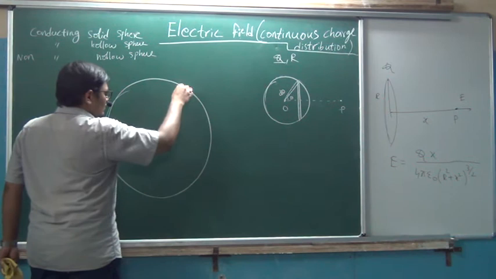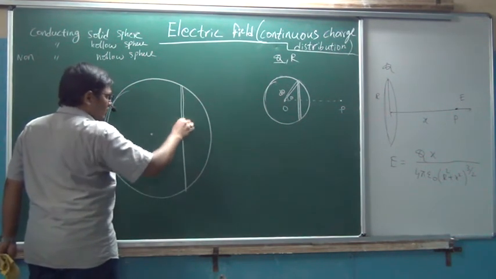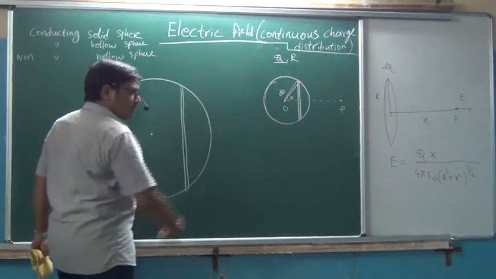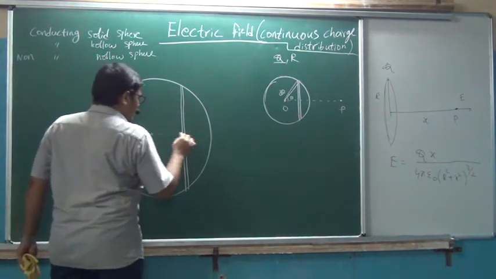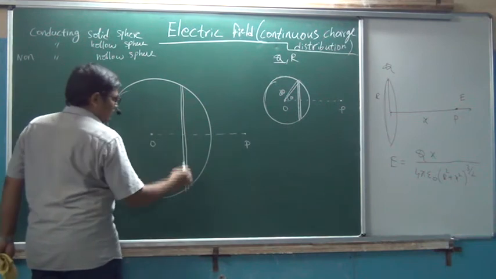You see, this is a sphere. If I chop like this, what happens? I will get a ring. Clear. This is a point P. What is the center of this ring?